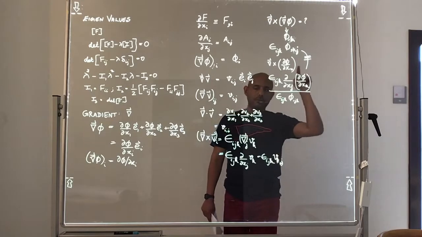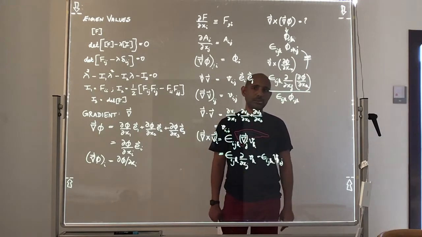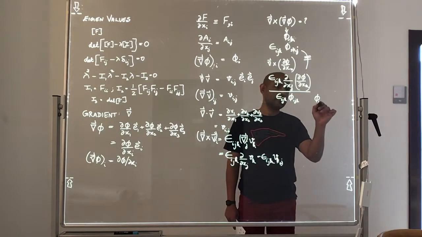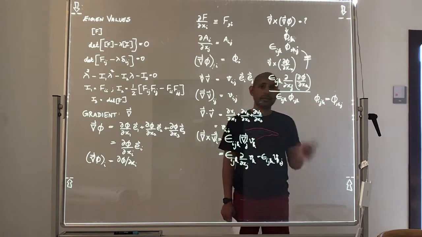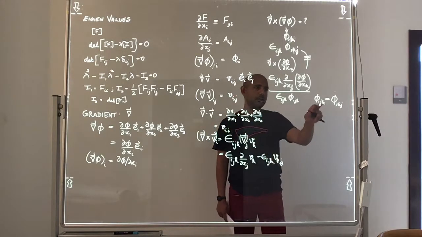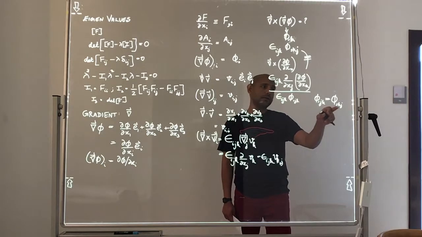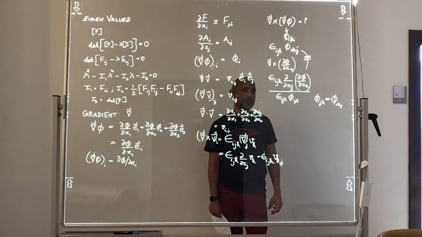Now, I'll say phi is continuous, differentiable, etc. So phi comma jk is equal to phi comma kj. It doesn't matter the order of differentiation. You can differentiate with respect to xj and then by xk, or xk then by xj. The order of differentiation doesn't matter.